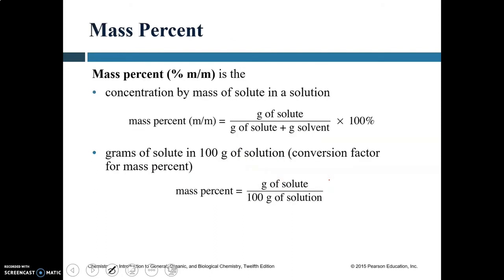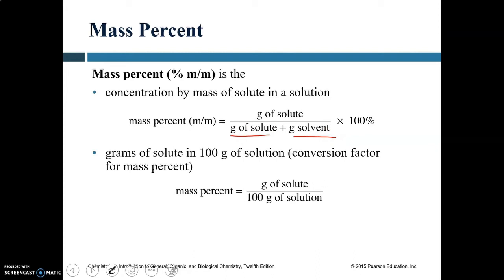So what is the mass percent concentration? It is the mass of a solute divided by the mass of the solution, which is composed essentially of the mass of the solute and mass of the solvent. So it is expressed in percent.